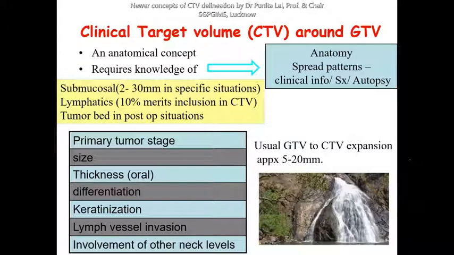So, resuming the talk, basically the clinical target volume is an anatomical concept, and it requires knowledge of anatomy and the spread patterns that one may have in a particular tumor or tumor site. And for that, we need to have clinical information or surgical report, or at times from the autopsy series, we get to understand what the spread pattern is like.